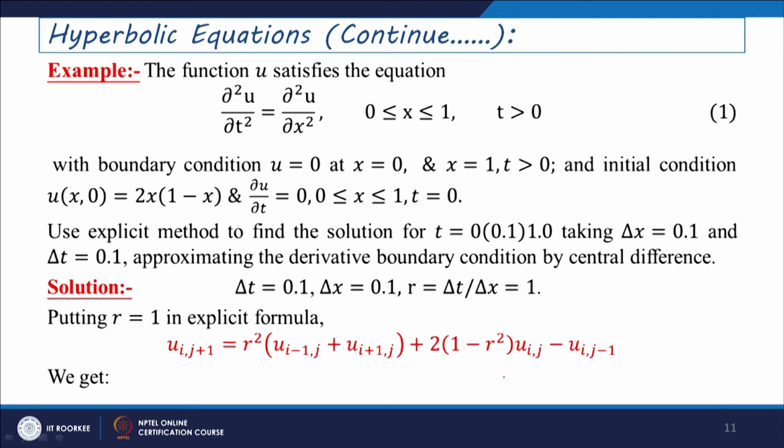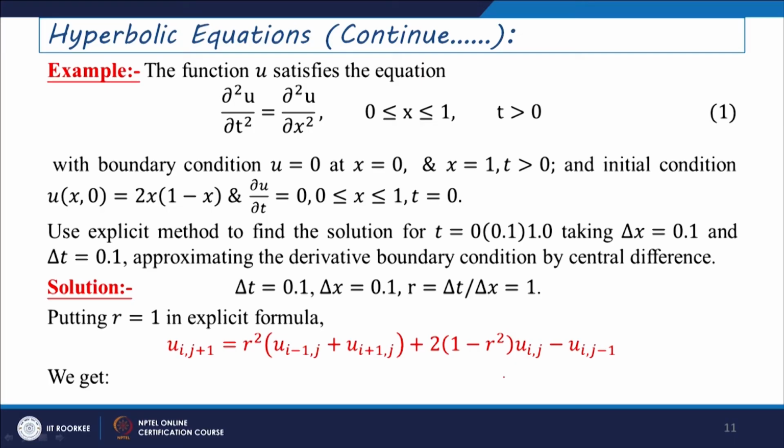The initial condition is prescribed as u of x 0, defined in the form g of x, where g of x can be considered as 2x into 1 minus x, and del u by del t equals 0 for x lying between 0 and 1 and t equals 0.